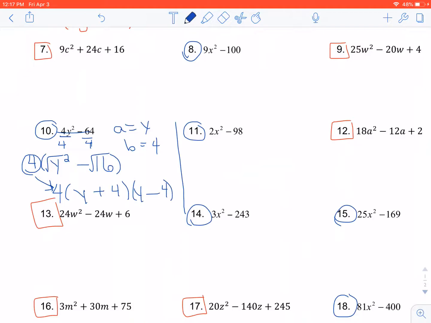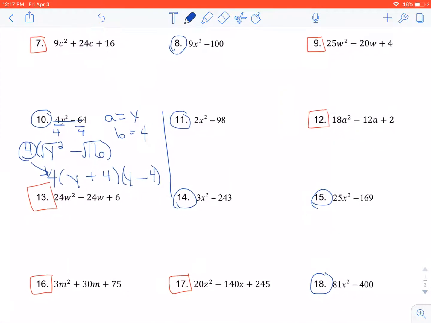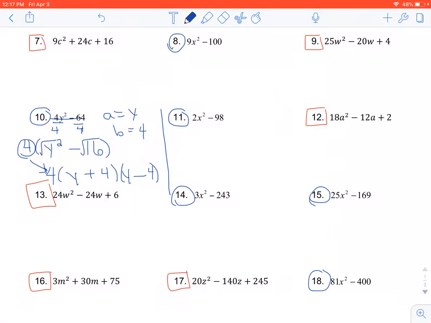We're going to go over to number 12, doing another problem with 3 terms. So that's my 3-term pattern. Right away, I'm looking here. It's a minus, so I need a minus, and it's going to be squared because there are 3 terms. After I think about that pattern, the second question, is there a GCF?